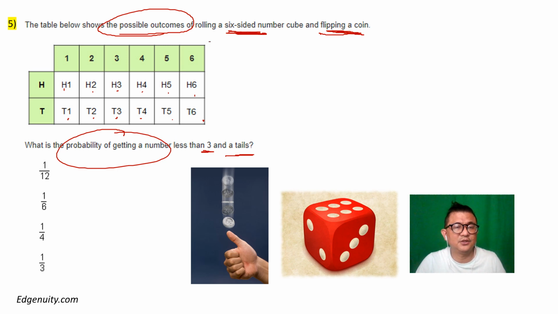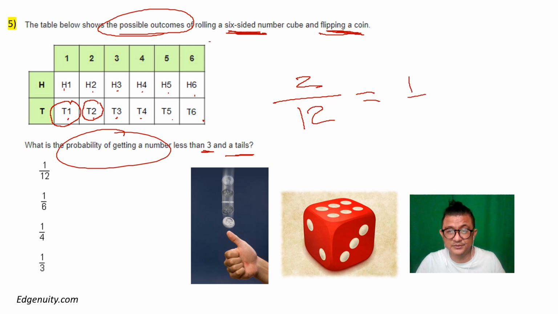Less than 3, all the tails are here. Less than 3 tails, less than 3 tails. So we pick 2. 2 out of how many? 2, 4, 6, 8, 10, 12. 2 over 12 is not in the choice. Why? Because the lowest terms is 1/6. Therefore, that's the answer.